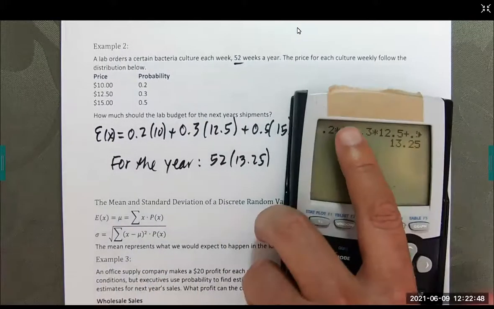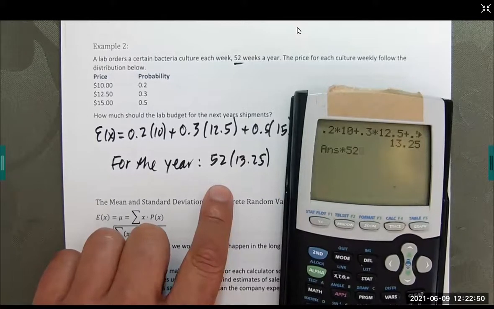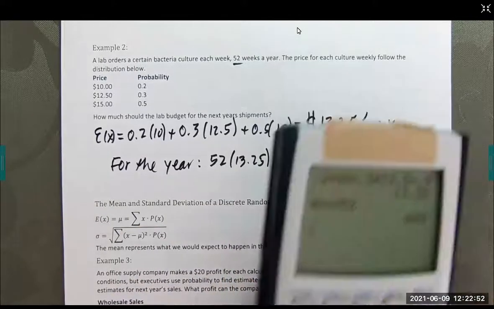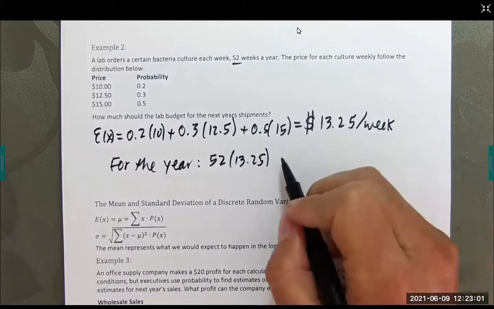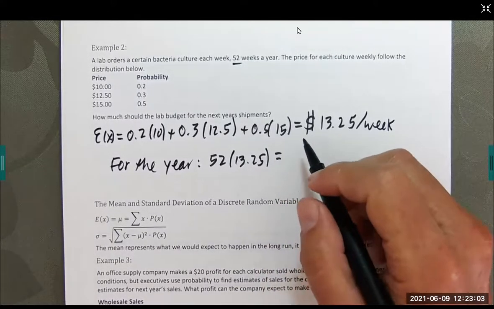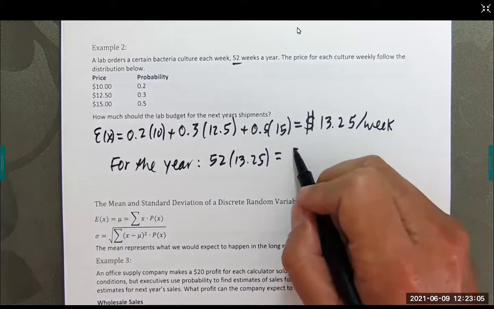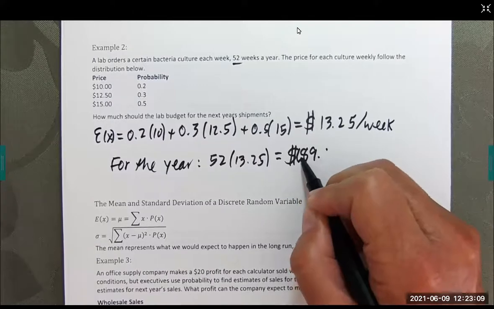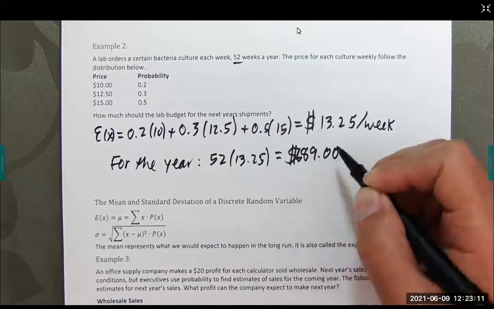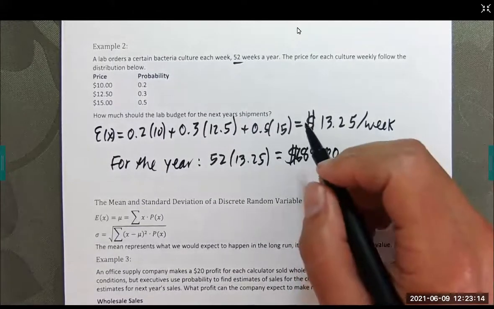So we'll take that, just times 52. There it is. $689.00.